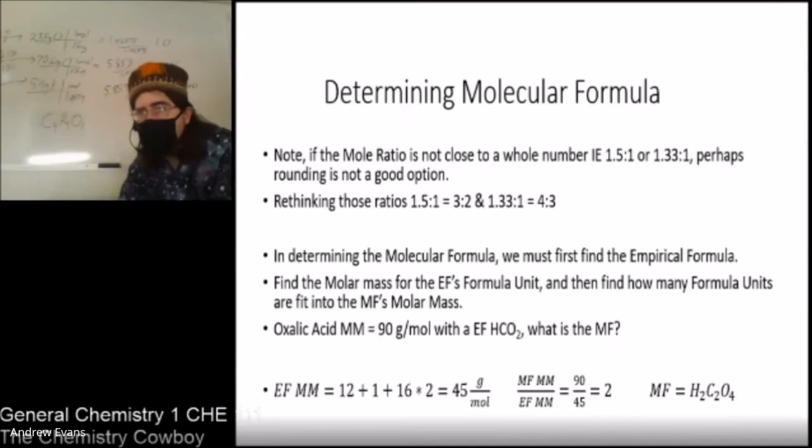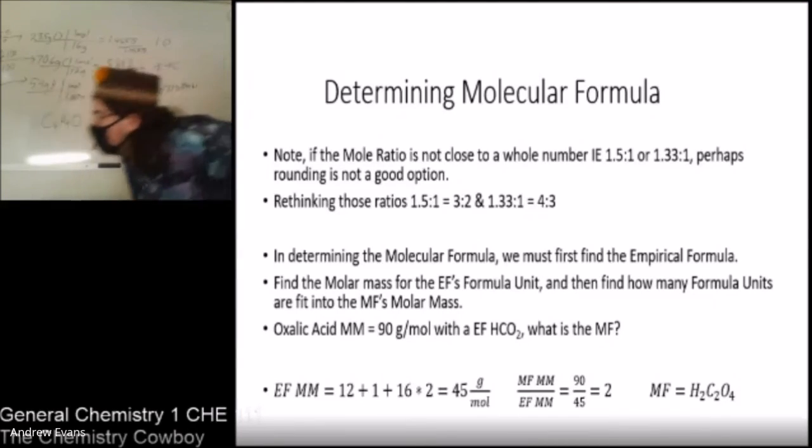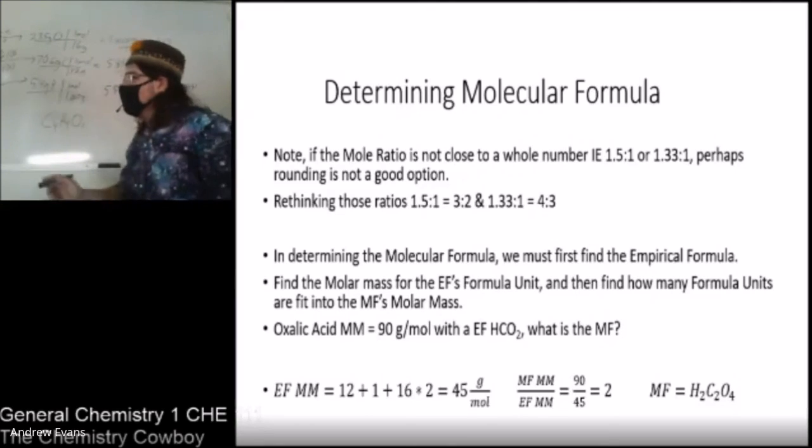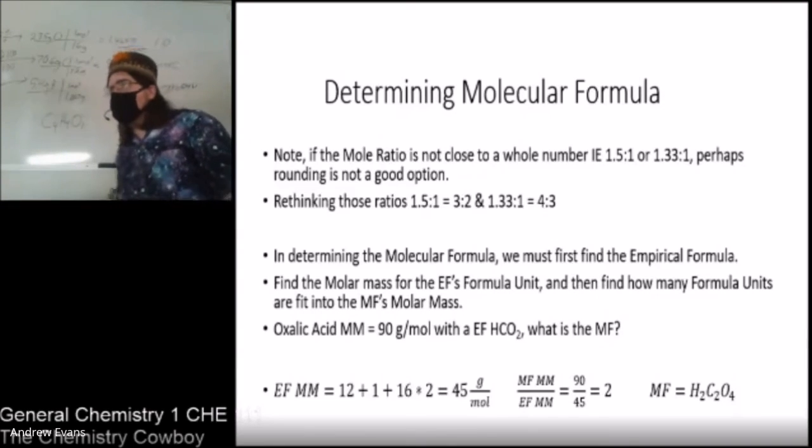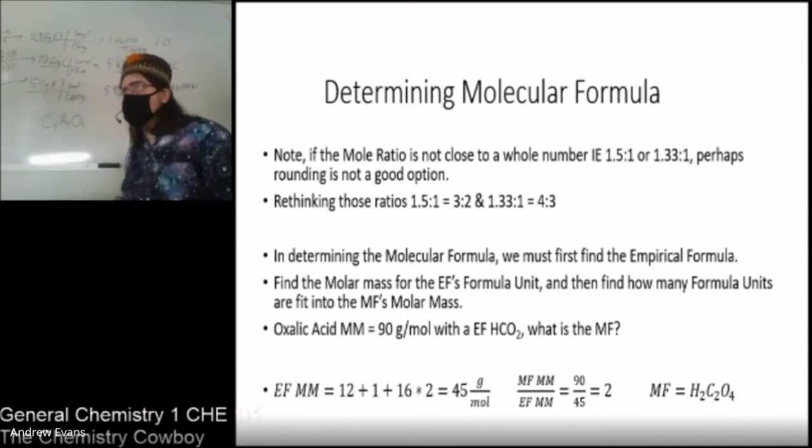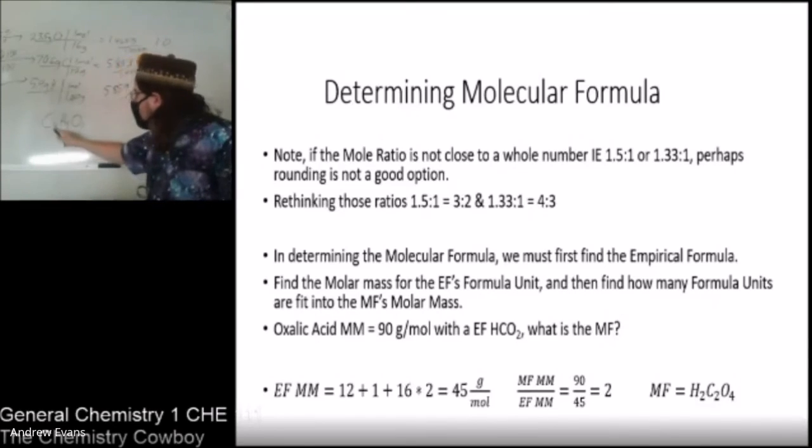Well, hopefully you know your doubles, and 45 times 2 is 90. So the molecular formula would be double the empirical formula, so it would be H2C2O4.